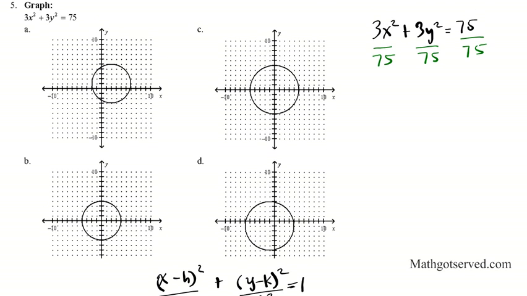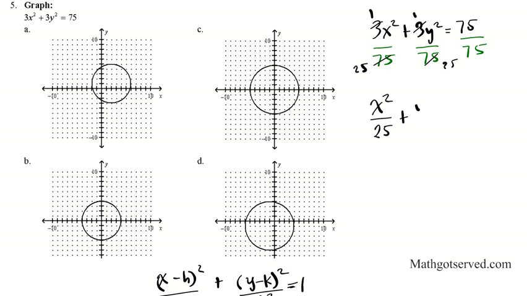So dividing by 75, 3 goes into itself once, goes into 75 25 times. So you have x squared over 25 plus, same story here, 3 goes into itself once, goes into 75 25 times.